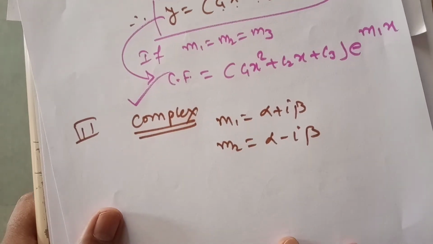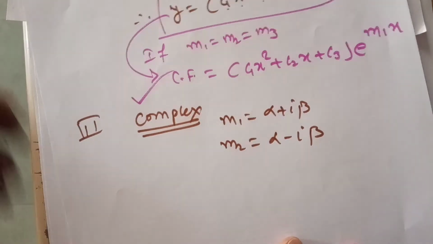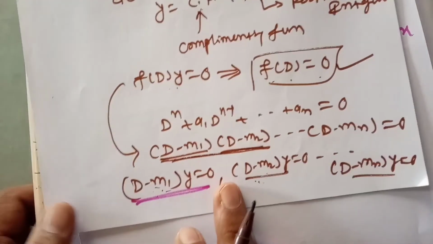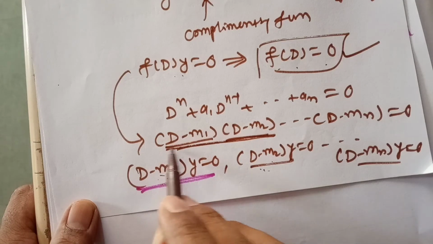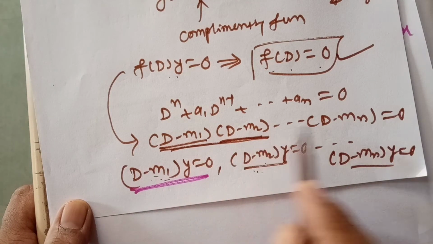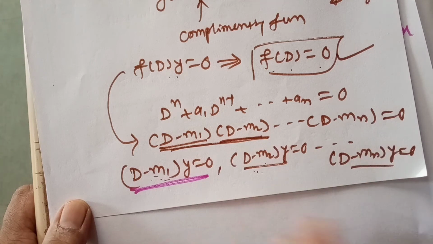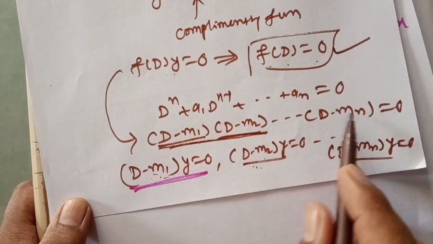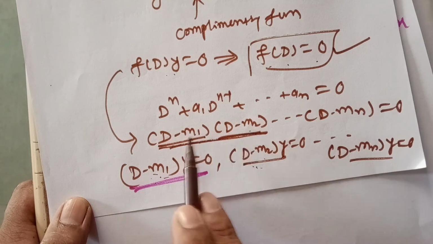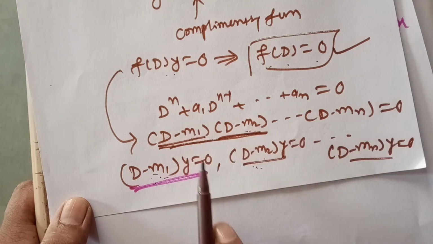Then again in this case, what will happen for our CF? I will recall here, this is our equation. This equation has m1, m2, m3, all these are the roots. First case, all roots are distinct and real. Second case, suppose I am taking only the first two roots repeated and the remaining are distinct.